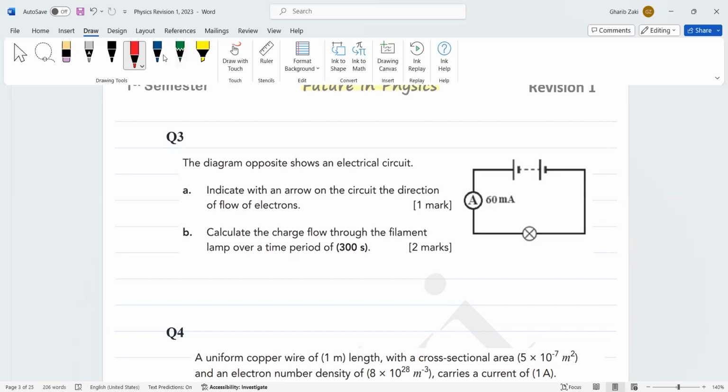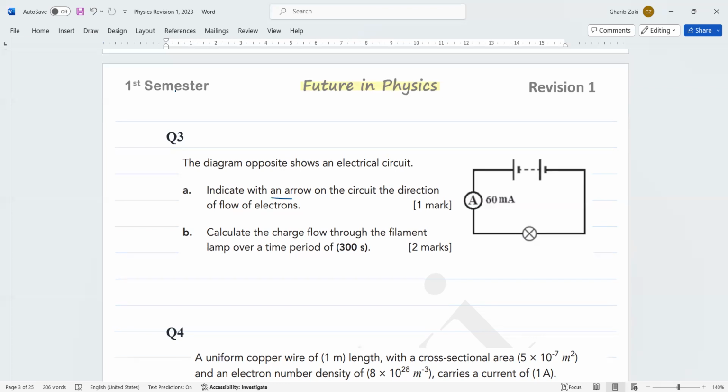The question is: the diagram opposite shows the electrical circuit. Indicate with an arrow, just one arrow, on the circuit, the direction of flow of electrons. Remember, the flow of electrons is opposite to the flow of conventional current. So the electron flow is from negative to positive. So this arrow represents the direction of electron flow.